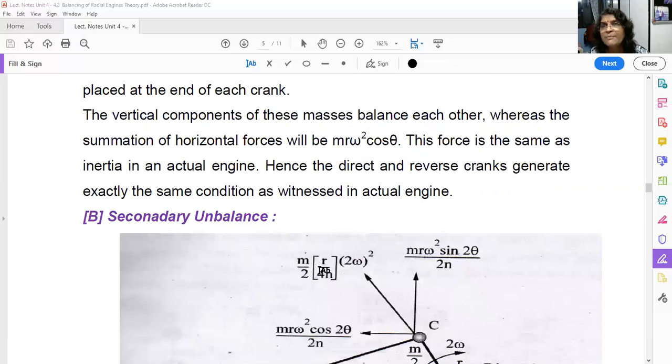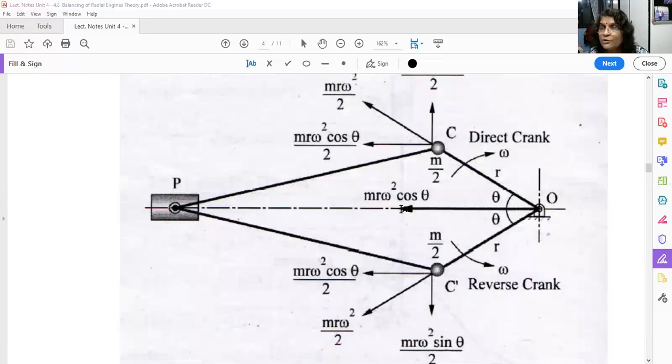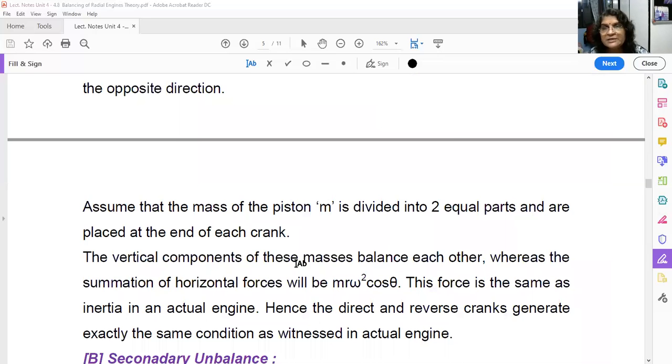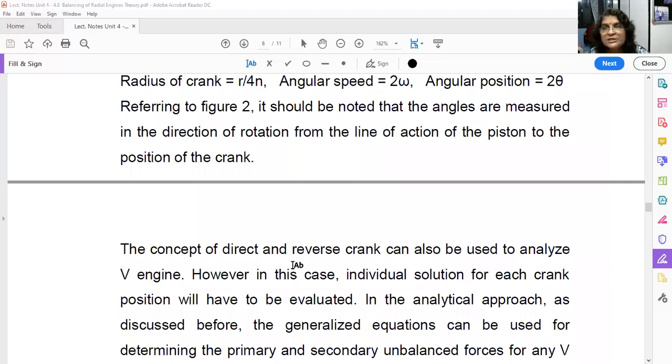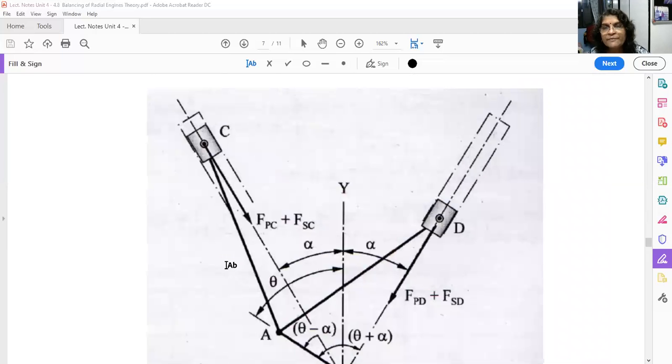Here the unbalanced force acts along the line of stroke. So every force in all the cylinders we have to show along the line of stroke: m r omega square cos theta. In our case, that is the V engine, how much is this force along the line of stroke? That is the primary unbalanced force.